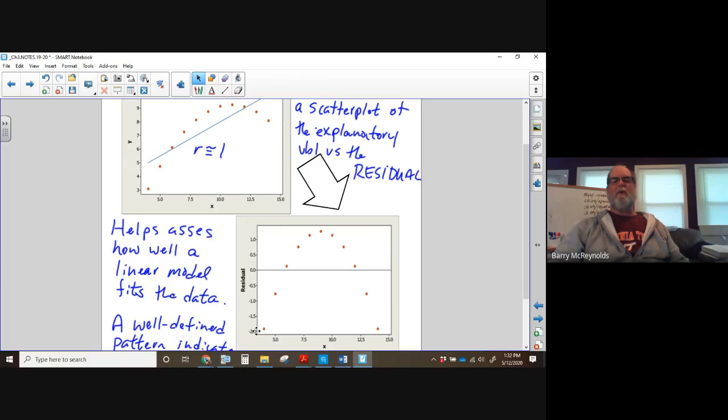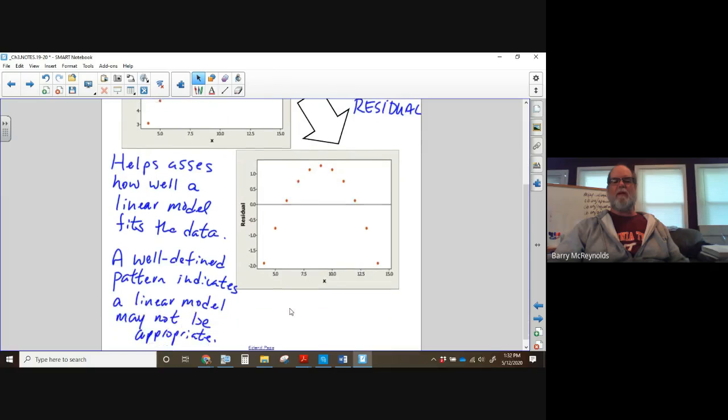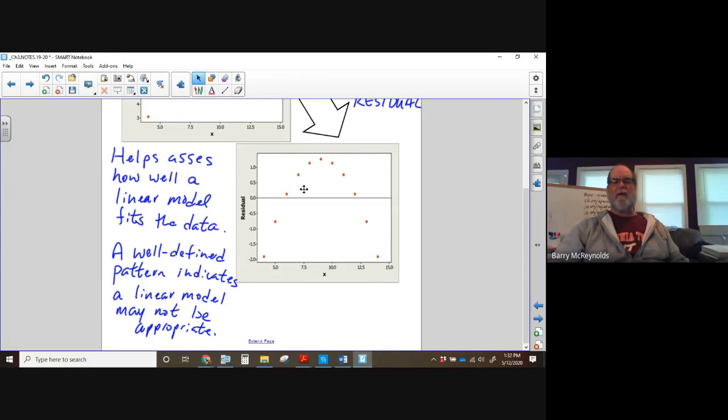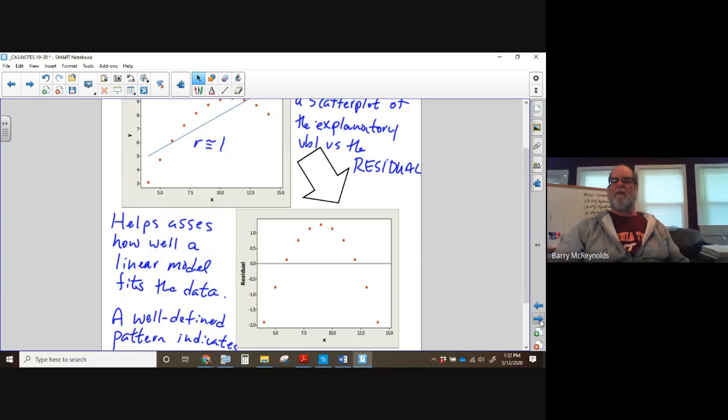When you have a residual plot that displays a clear pattern, sometimes like a sine pattern, or a single curve like this, or any particular pattern, we're going to say that data should not be represented by a linear model, and that's our conclusion. A well-defined pattern indicates a linear model may not be appropriate, and that's clearly the case here.